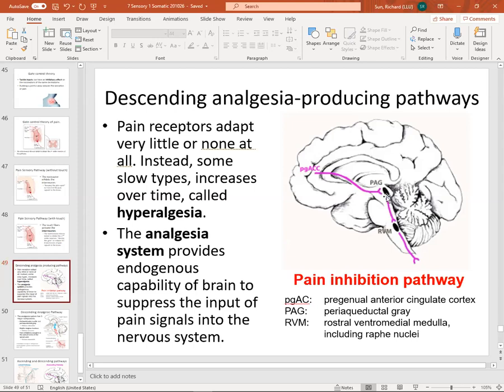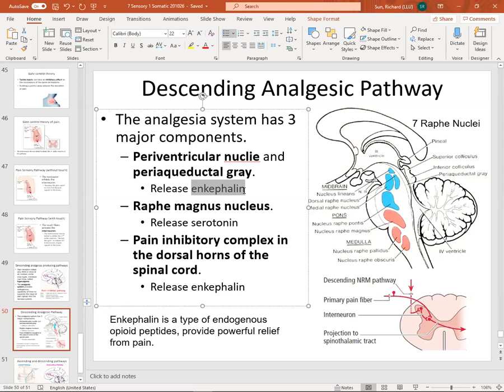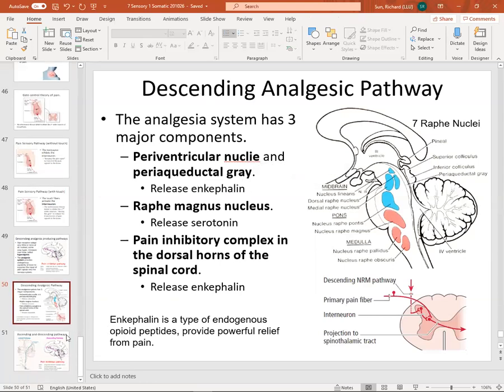And so from here, the periaqueductal gray will release a chemical. It's called enkephalin. This enkephalin is a type of endogenous opioid peptide.